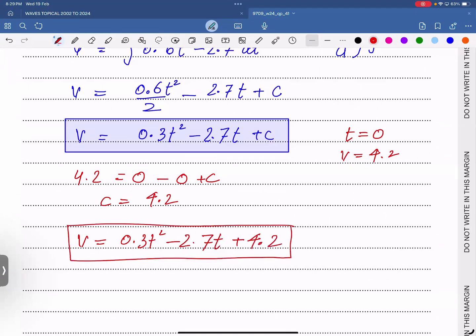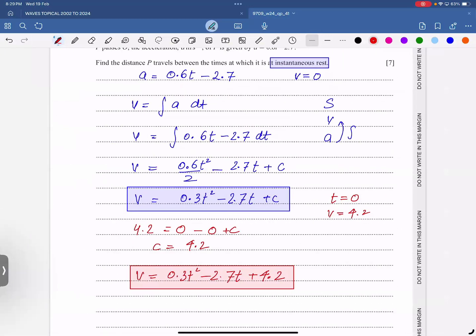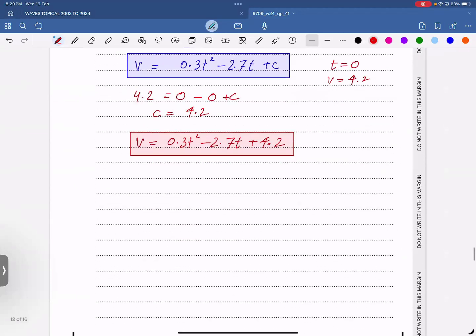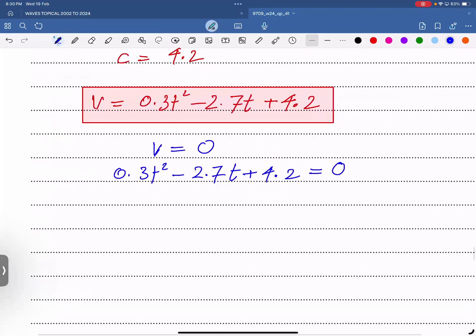Okay, now they mentioned find the distance until it was instantaneous rest. So rest means we need to find those two times. So rest means put velocity equal to 0. 0.3t squared minus 2.7t plus 4.2 is equal to 0. My dear students, if factors are possible, let's see. Can we divide this all by 0.3?